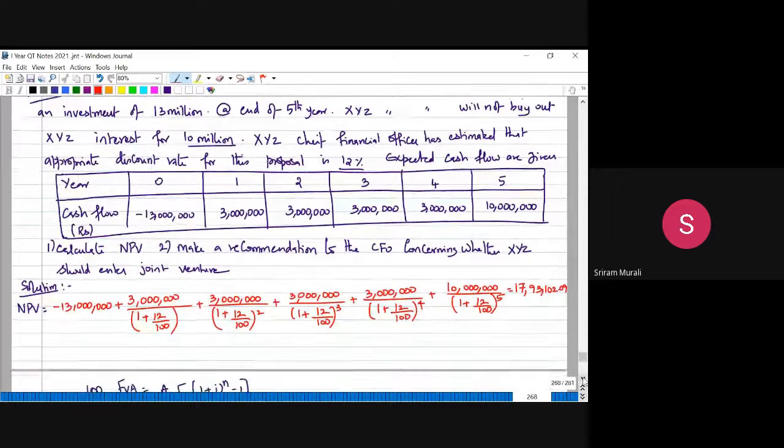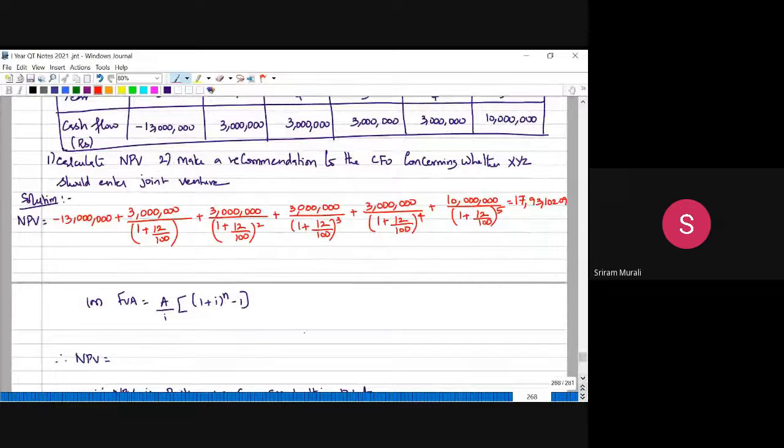Suppose I go with the future value annuity, what is the future value annuity for all the 4 years? That is 3 lakh.